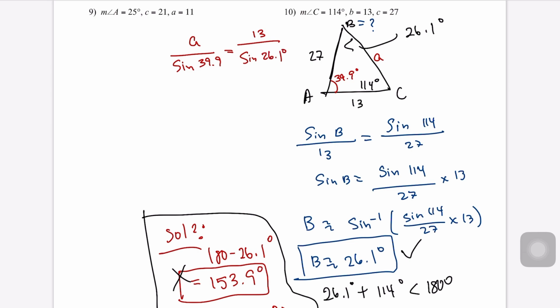Okay. So if we do the math, A is equal to 13 over sine 26.1 degrees times sine 39.9. And then we should get A being approximately 19.